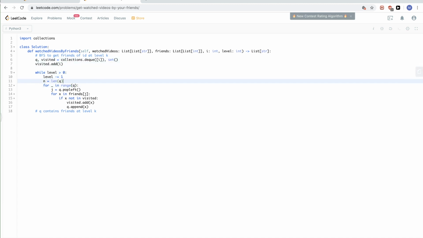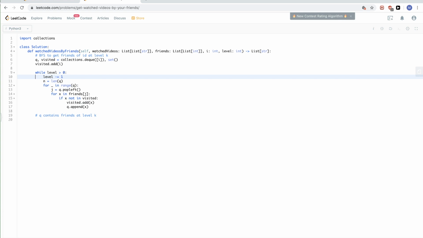Level was K, and then we kept decrementing until we reached 0. And so here is where we have the friends at level K. So this is part 1 that we described in the overview.